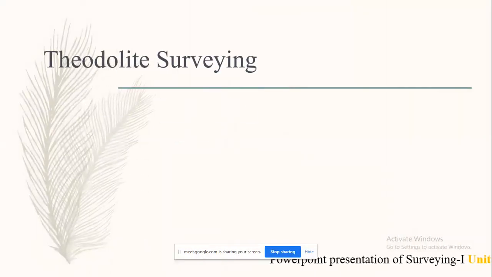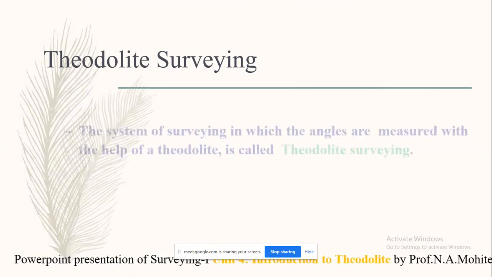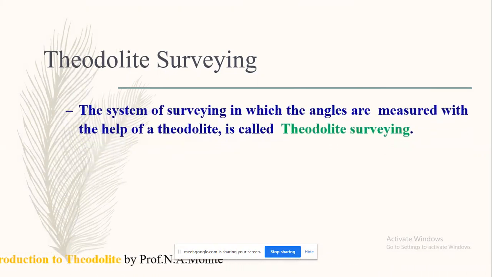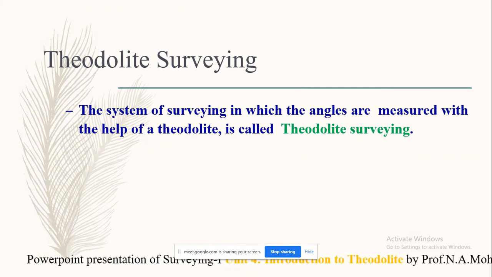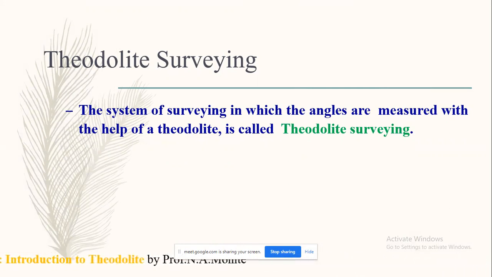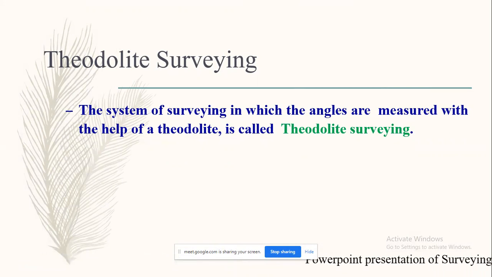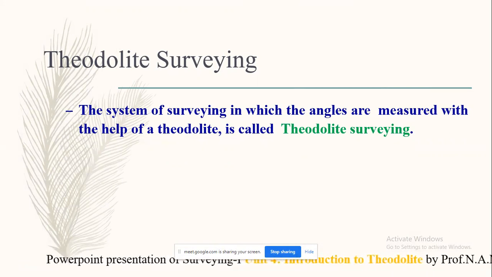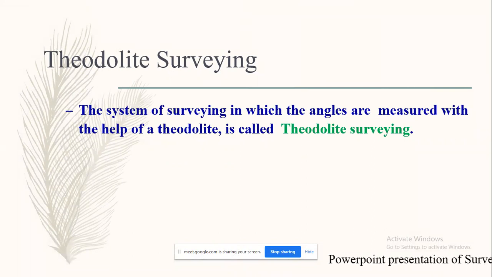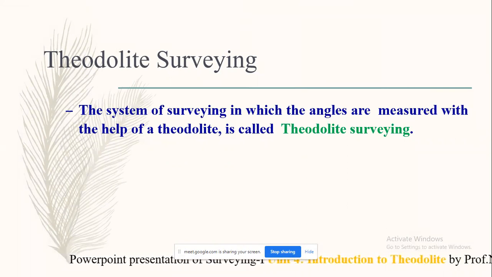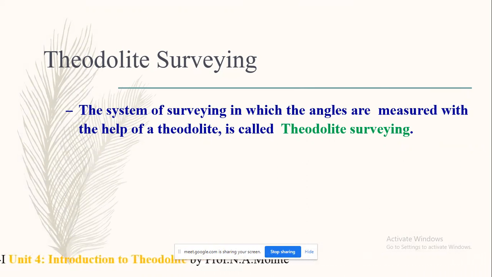Now, what do you mean by theodolite surveying? Theodolite surveying is nothing but the system of surveying in which the angles are measured with the help of a theodolite. Till now we have made use of various instruments, that is chain, tape, then prismatic compass or surveyor compass, and the dumpy level or auto level, in which we were dealing with the horizontal plane, in order to find out the RLs only.